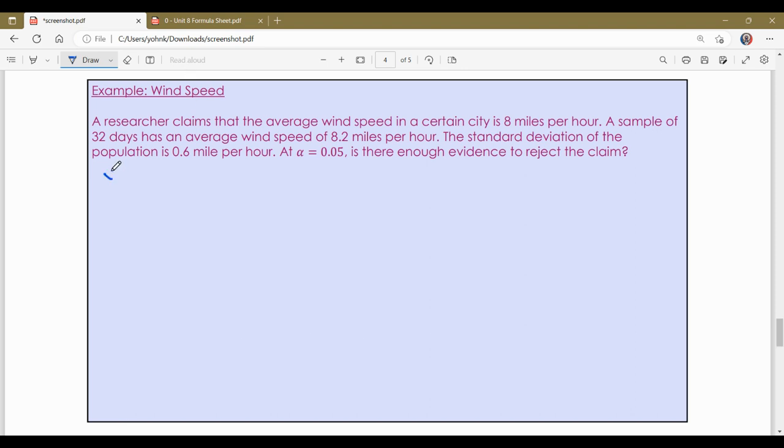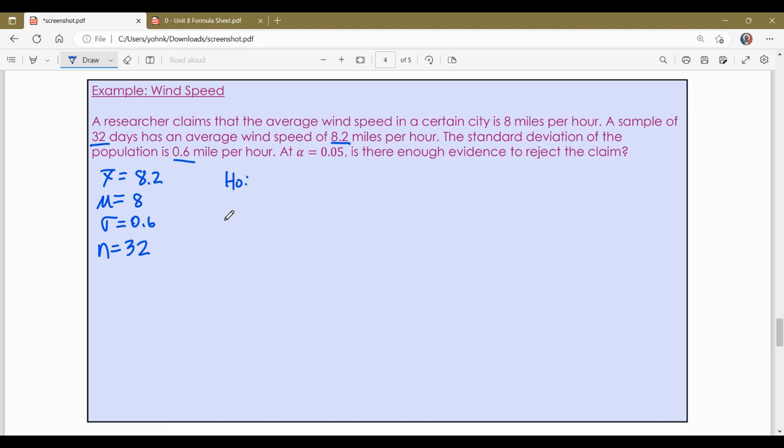Well, we need an x bar, a mu, a sigma, and an n. We have a sample size of 32. We have a standard deviation of the population to be 0.6. We have a sample mean of 8.2. That's our x bar, which means our mu is 8.